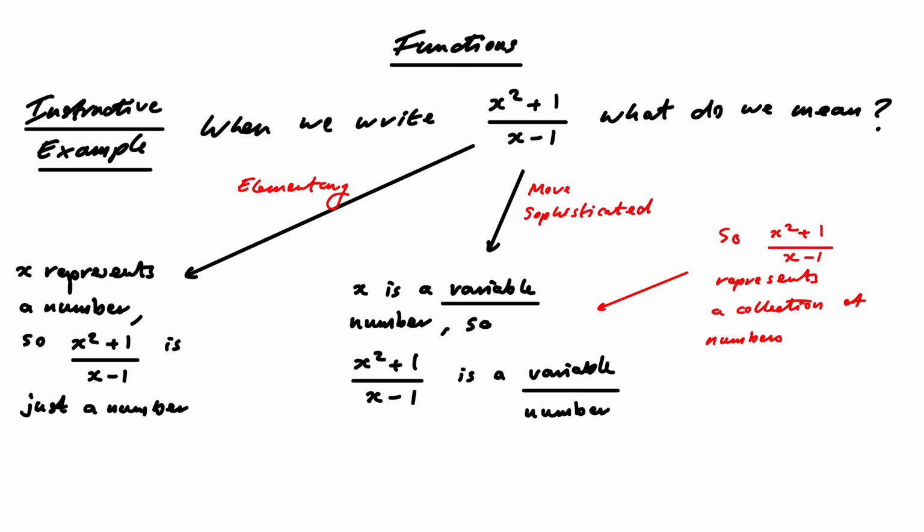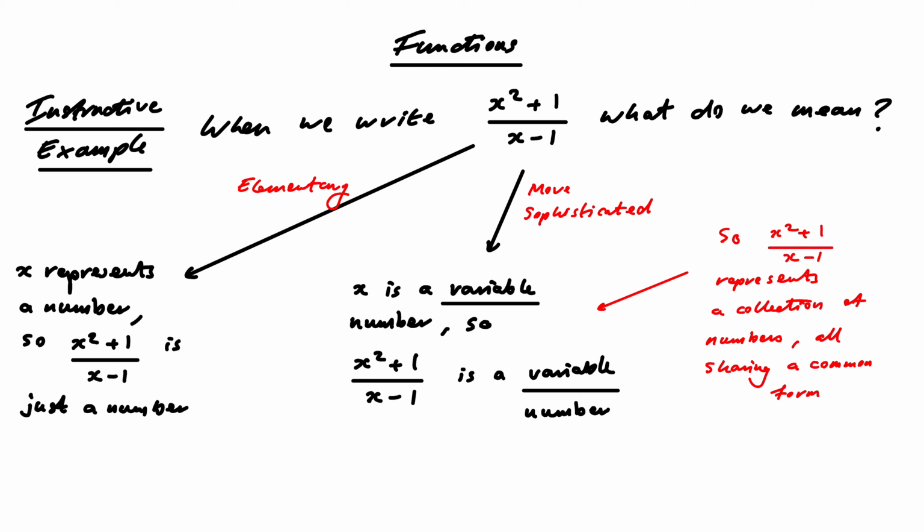A collection of numbers all sharing a common form. Namely, they're all of the form x squared plus 1 over x minus 1 for some number x.